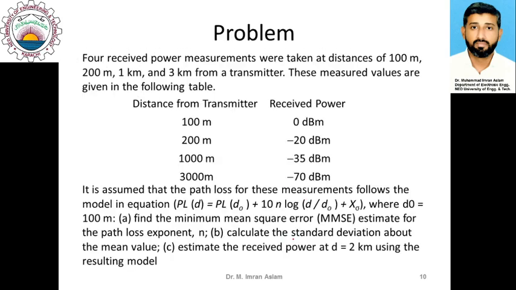We want to calculate the standard deviation. In general, we know from statistics that standard deviation is the square root of variance, and variance has a very simple formula. So rather than calculating the standard deviation directly, we start by calculating the variance, and then we take the square root.